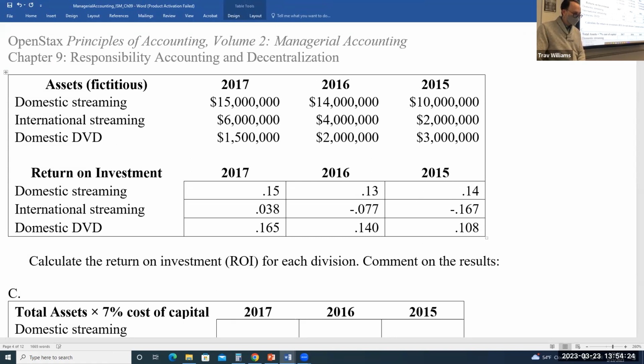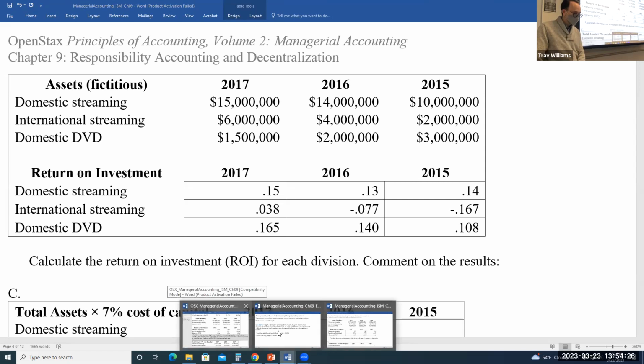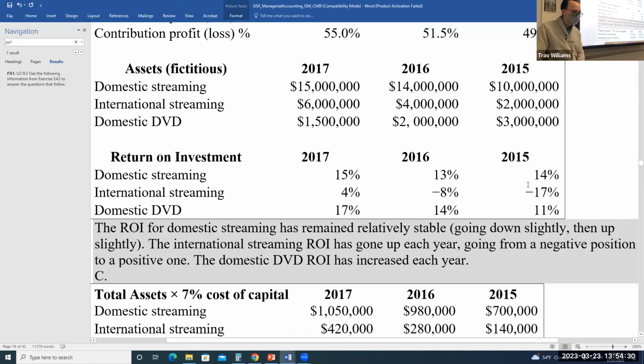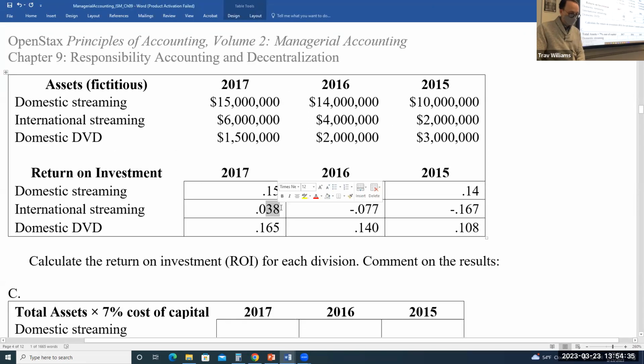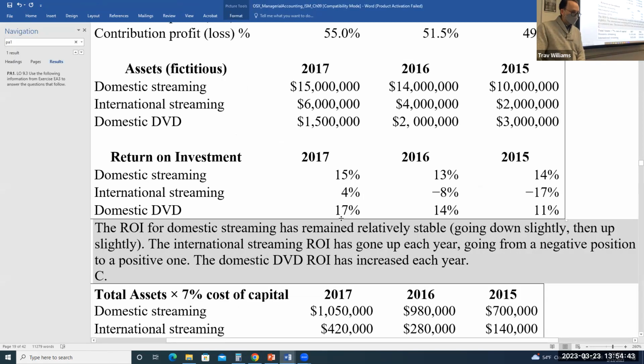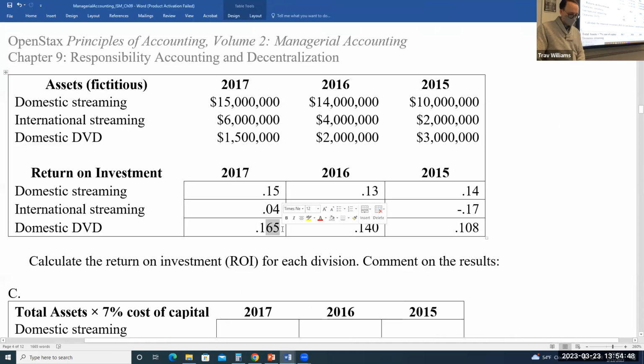I guess I looked at the wrong one. I mean, you might as well make it consistent. So let's see. 4, negative 8, negative 17. 8, 17. And then 17, 14, 11. Okay. There we go.